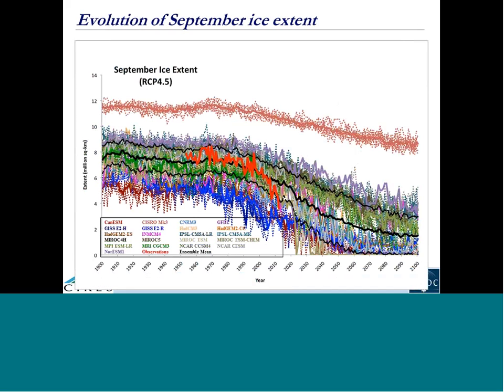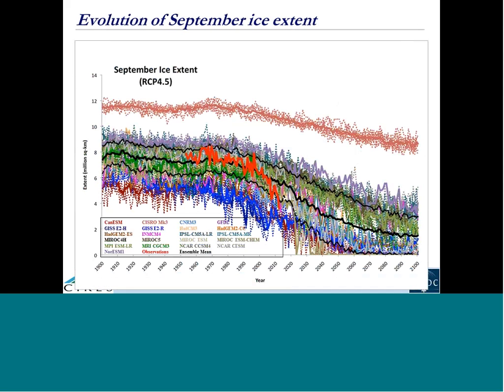So if we switch to looking at the evolution of September extent, this is essentially the same figure as I showed at the start of the presentation, where the colored lines represent all the models that we include in the CMIP5 ensemble.